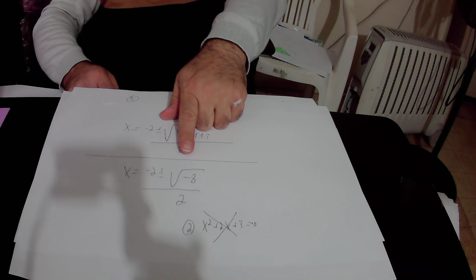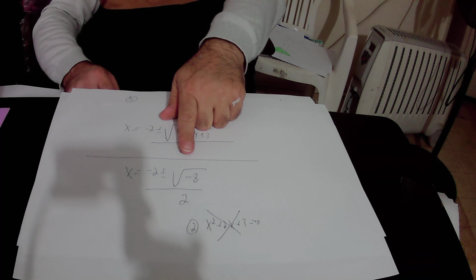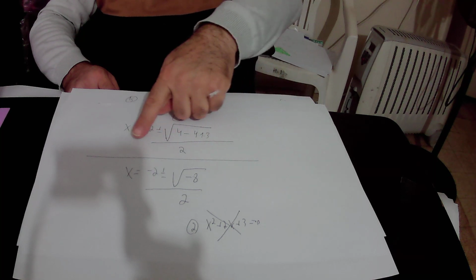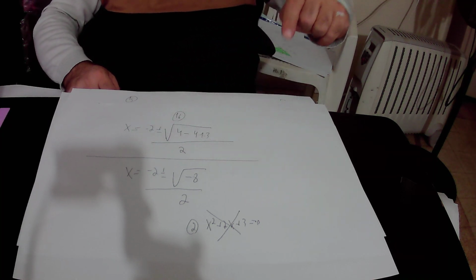And because a negative number doesn't have a root, minus 8 is a negative number, and there is no root for a negative number. Therefore, this possibility is incorrect because there is no solution for x.